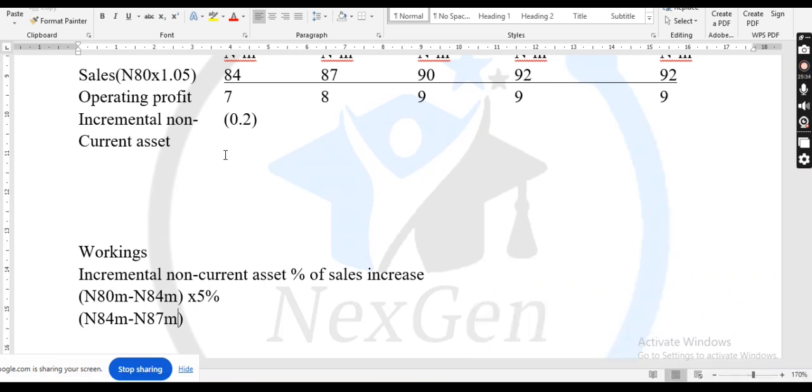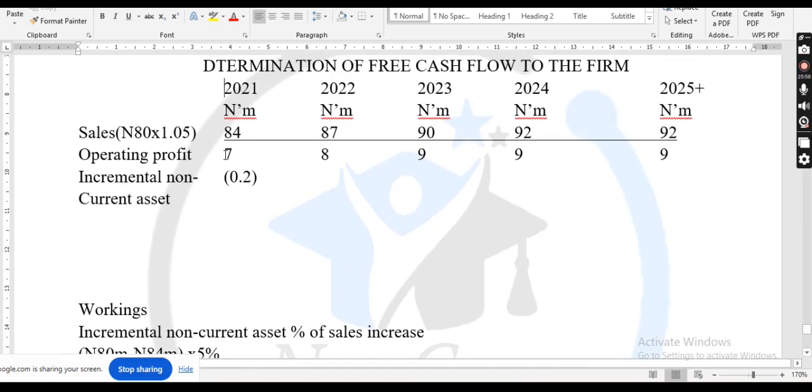What is the increase? Times 6%. So what do we have here? 0.2. Same thing, 0.2. 0.18, so I'm approximating again. 0.2. Okay, that's fine.